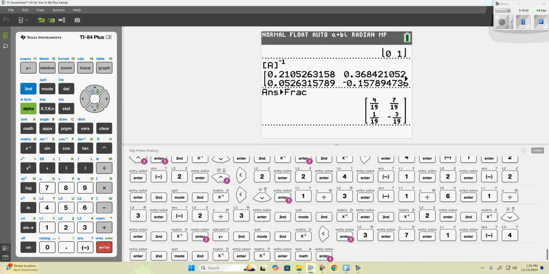And its inverse is 4/19, 7/19, 1/19, and -3/19. That's it. Math, enter, enter. You get it? Okay. Questions on how to find the inverse?